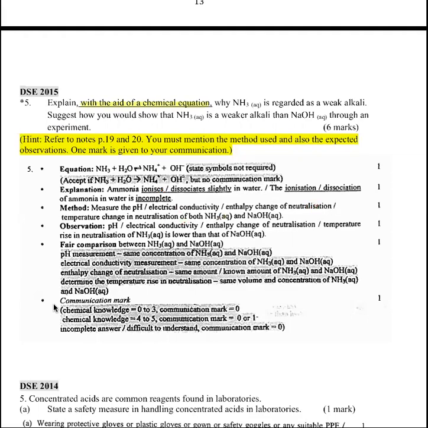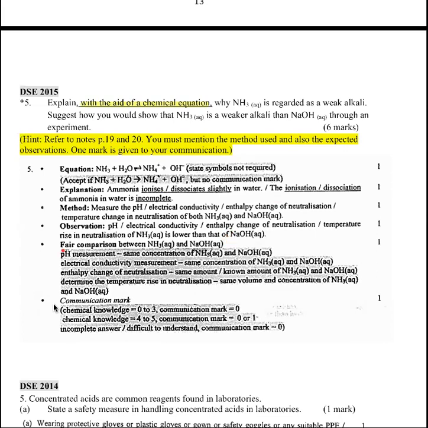These are the possible ways. And remember to state the expected observation. For example, ammonia solution has a lower pH than sodium hydroxide solution, or neutralization involving ammonia solution will release less heat than neutralization involving sodium hydroxide solution.